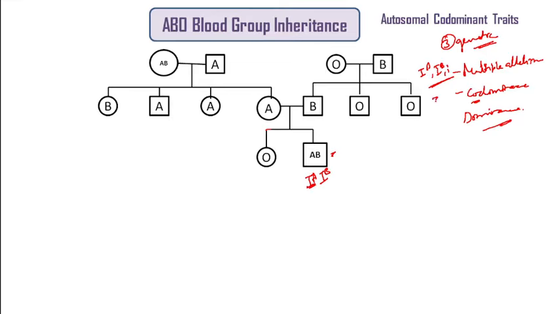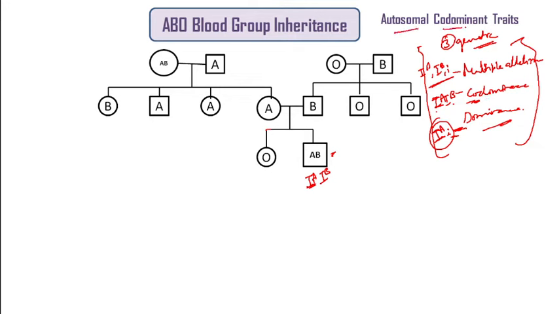Codominance, because IA and IB, when both are present together, both are dominant. And dominance, because when capital IA and small i are present together, IA shows its effect, and small i is the recessive allele. You have to remember for your theory examination also that these are the three genetic phenomena associated with ABO blood grouping.